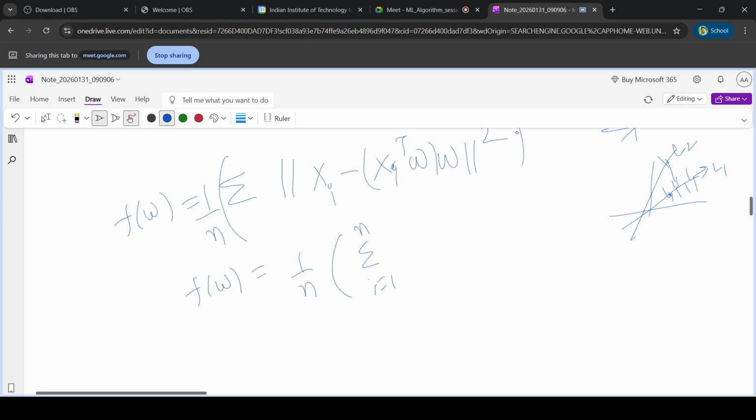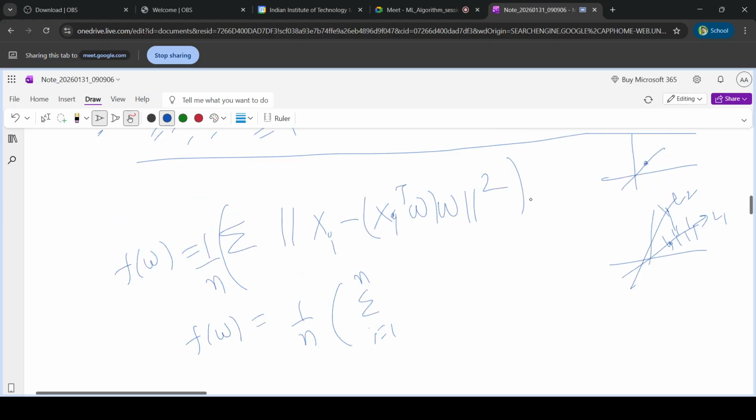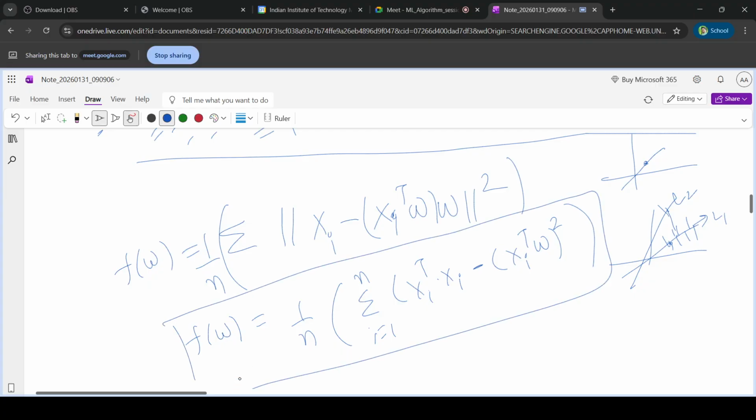Because it's a square, if you solve it and try to remove the square, you will get the final equation, something like xi transpose into xi minus xi transpose w, whole square, in brackets. This is the solution you get if you solve this.